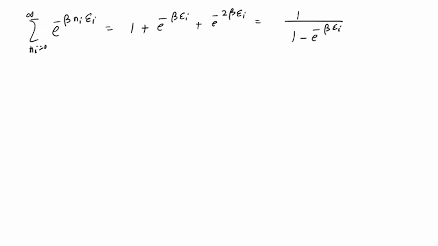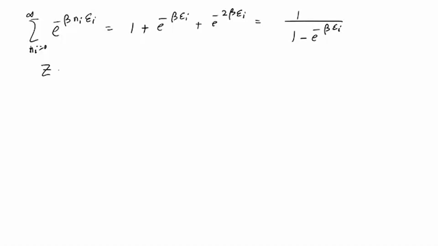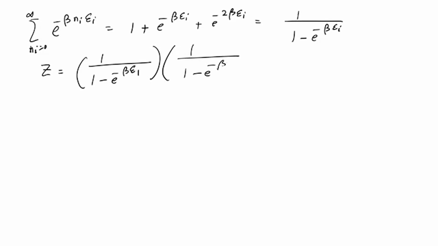So, this r, the common ratio, is less than 1, and that is why we can write it in this fashion. So, the total partition function becomes all these brackets, which are 1 divided by 1 minus exponential minus beta epsilon 1, 1 divided by 1 minus exponential minus beta epsilon 2, and all of that, okay, for epsilon 3 and 4 and so on. Okay.